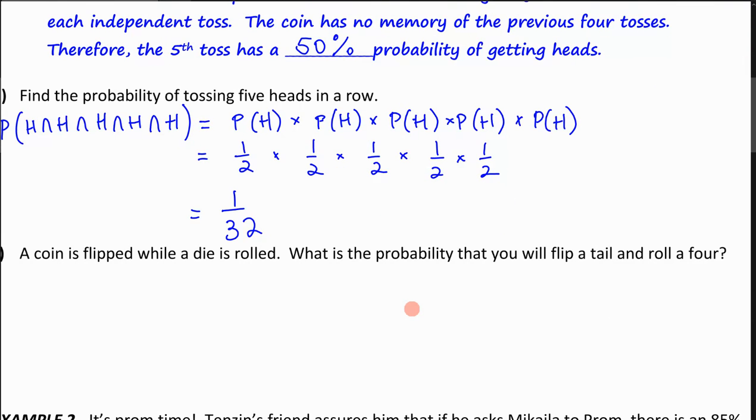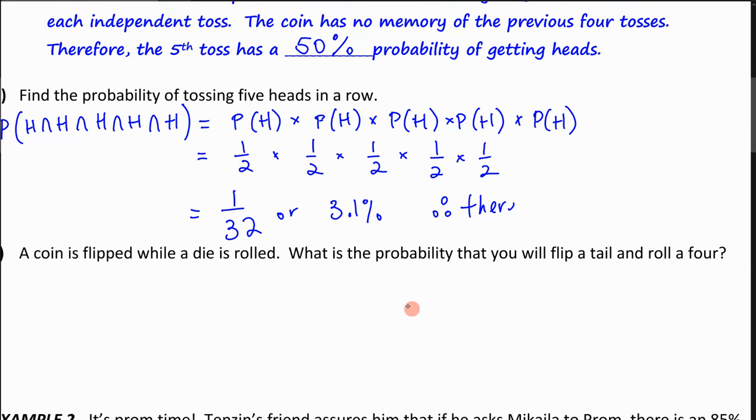As a percentage, you can express this as 3.1%, and so therefore there is a 3.1% chance of getting 5 heads in a row. It's a very small chance.